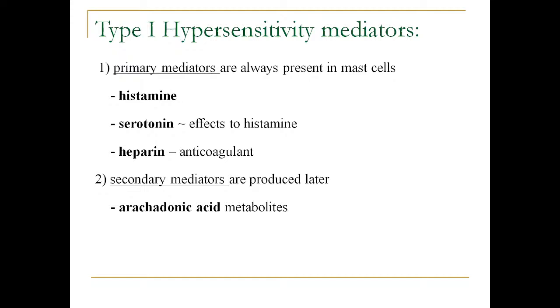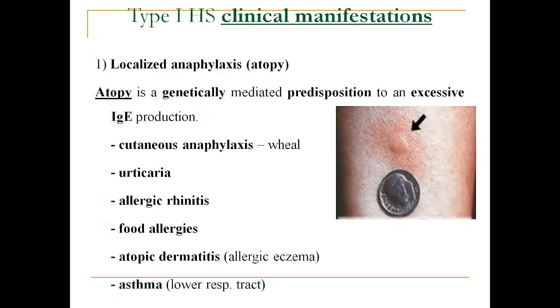Secondary mediators are produced later, and they include, for example, arachidonic acid metabolites. It is known that secondary mediators are more effective than primary mediators. They cause a more severe effect than primary mediators.